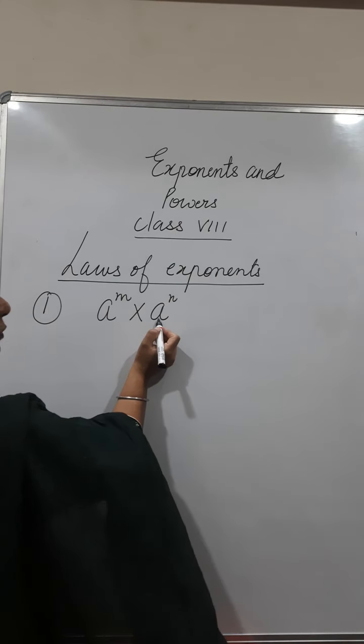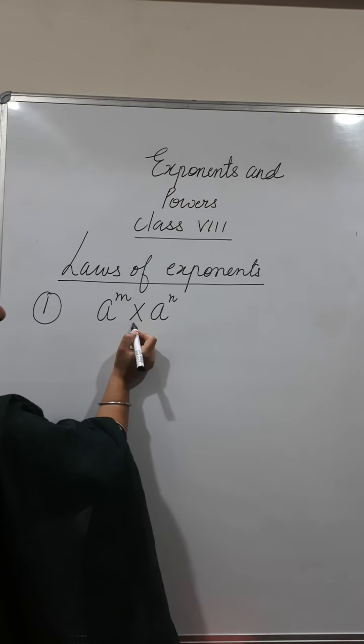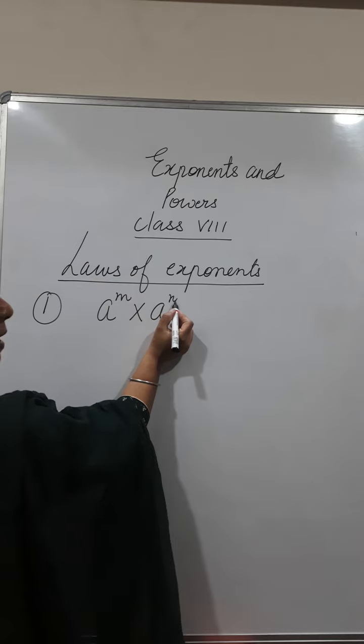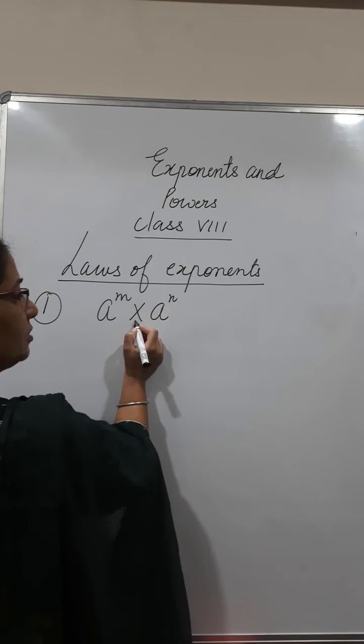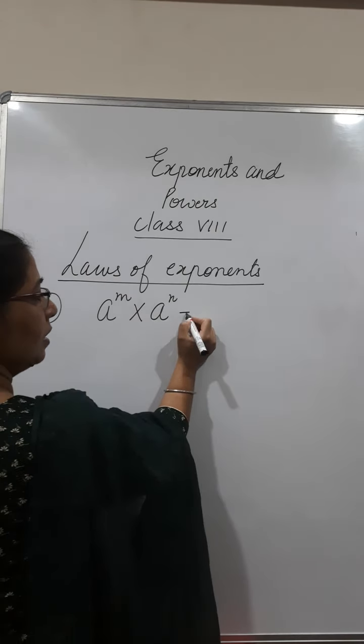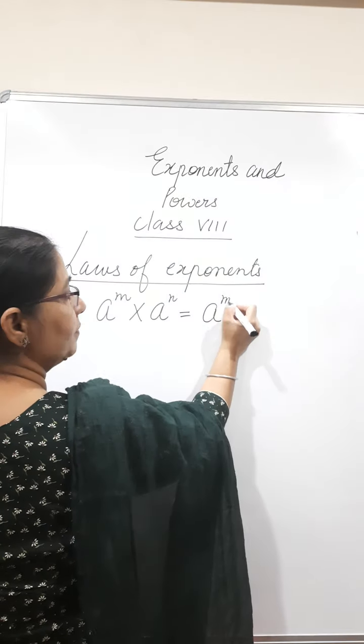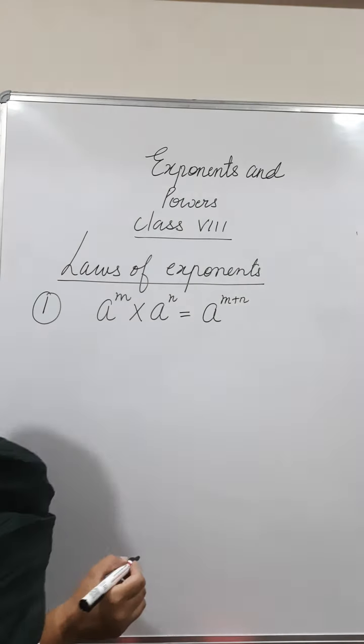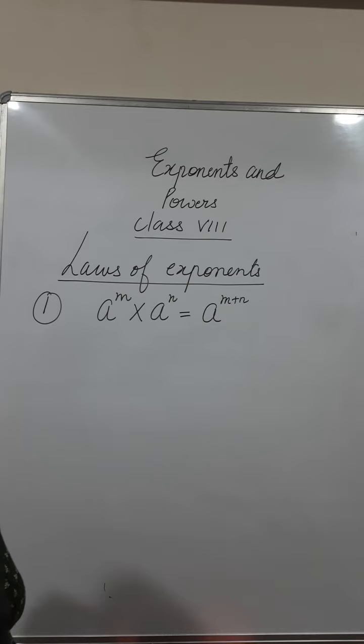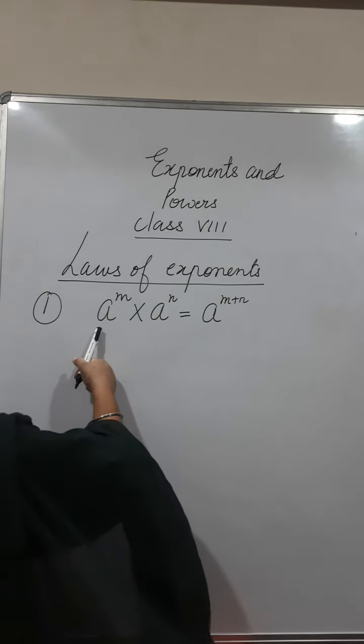The bases of the numbers are same, the multiplication sign is there and the powers are different. So when there is a multiplication sign between the same bases, the powers get added.